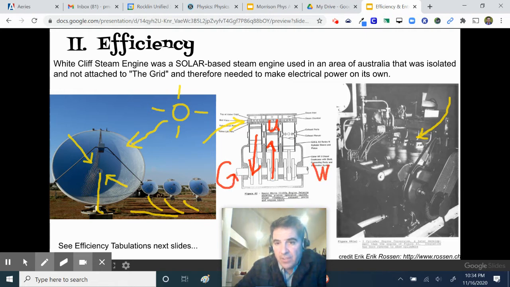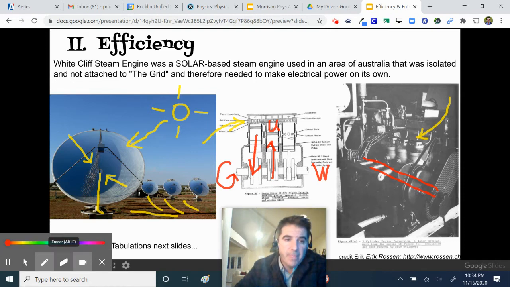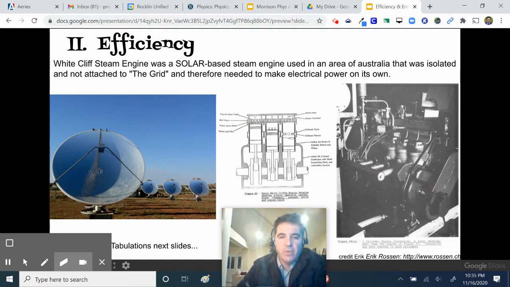This shaft will be connected to an electrical generator. So you're going to convert sunlight energy to steam, steam energy into kinetic energy of rotation, and then that rotation will turn into generating electricity. So that's a very awesome machine, but let's find out how we would calculate how efficient something is.